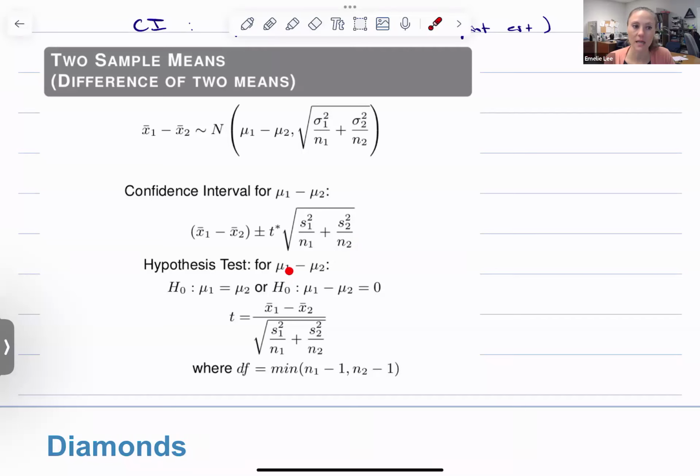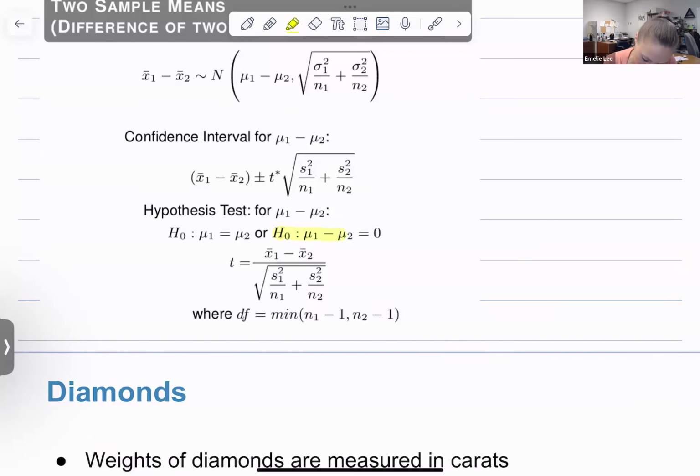For a hypothesis test around mu1 minus mu2, the difference of two means, I'm going to use this version: mu1 minus mu2 is equal to 0. In the same way that we had for the proportions, we could also write it mu1 equals mu2, which condenses it a little bit. But the reason I like mu1 minus mu2 equal to 0 is because our point estimate in the t here is x1 bar minus x2 bar, technically minus 0.